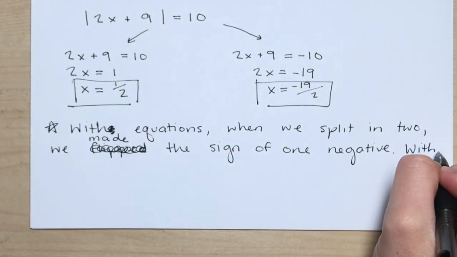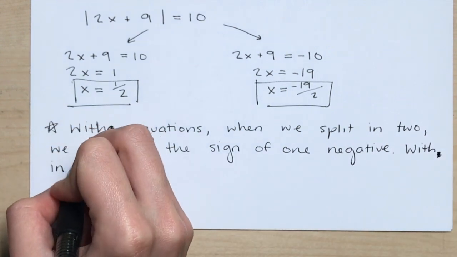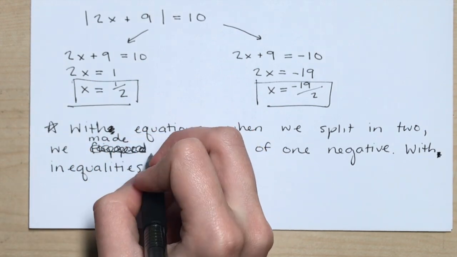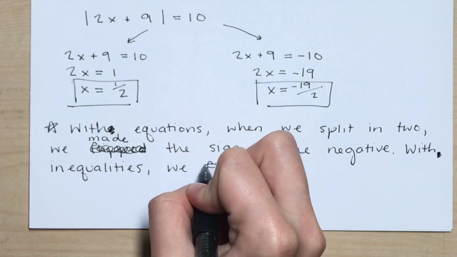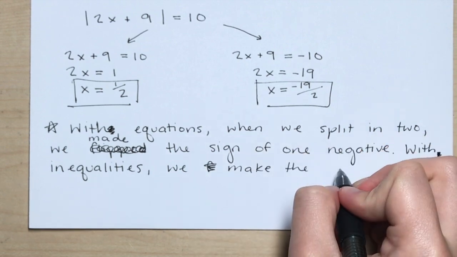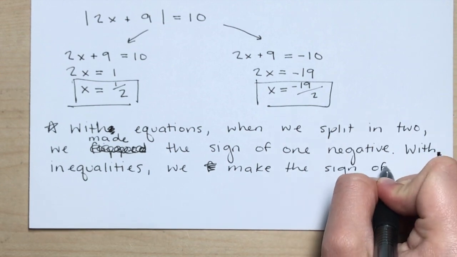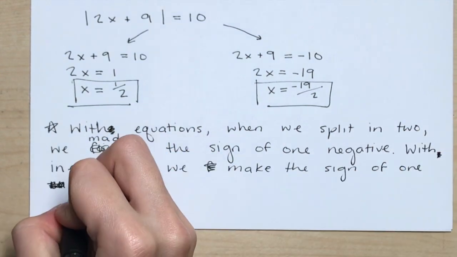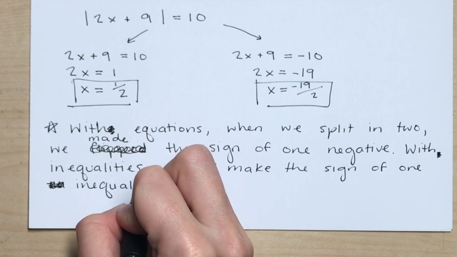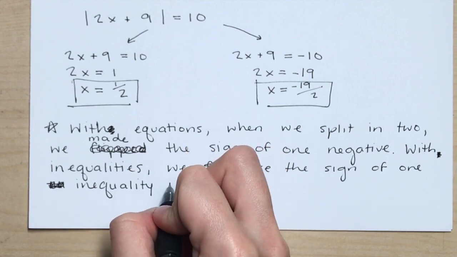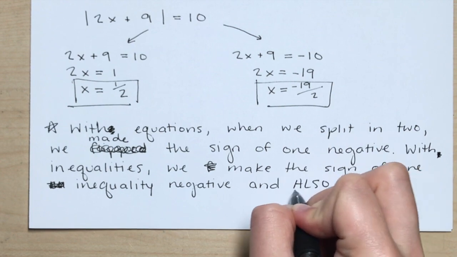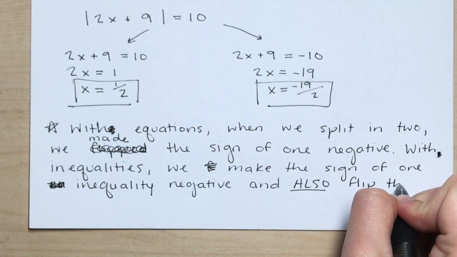With inequalities, we make the sign of one inequality negative, and also flip the inequality.